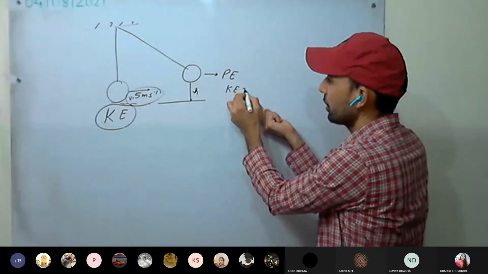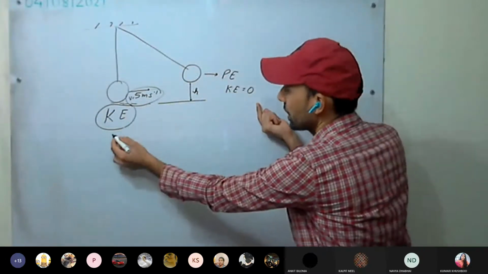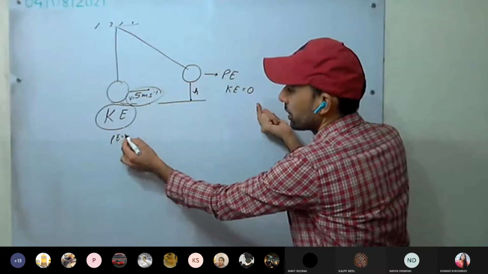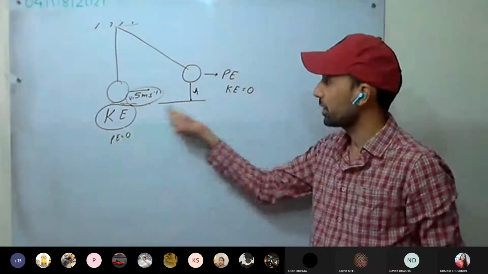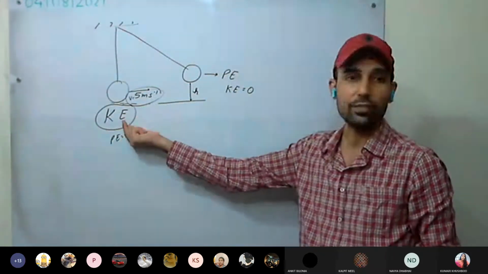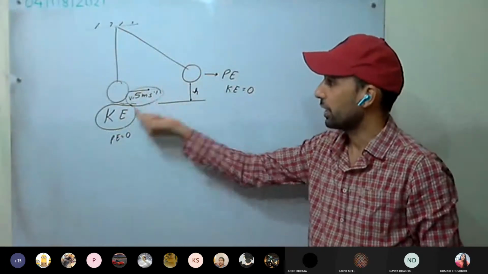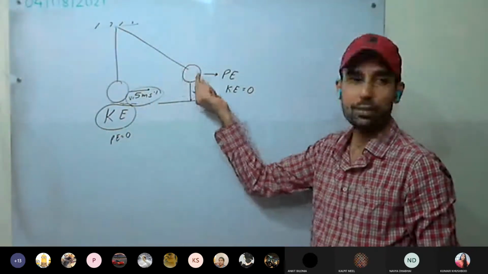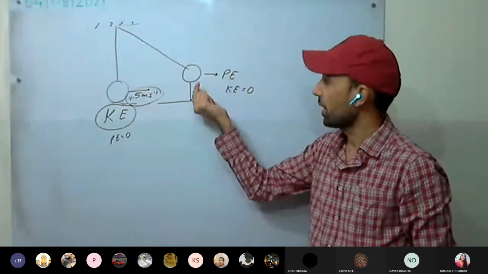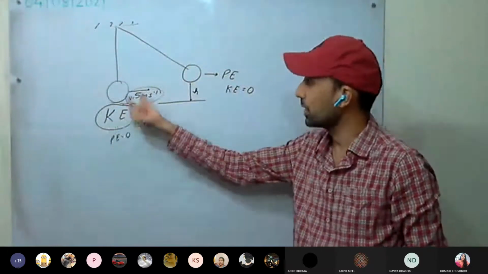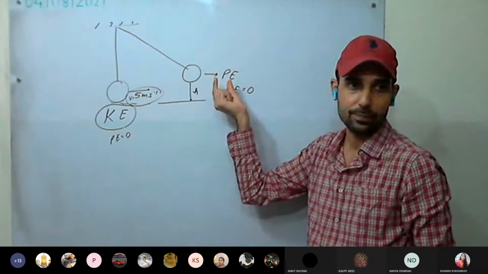Kinetic energy here will be 0. Here potential energy equal to 0. Okay. What does it mean? It means kinetic energy has converted into which form of energy? As it is moving, kinetic energy is converting into potential energy. And at this moment, this whole kinetic energy has converted into potential energy.